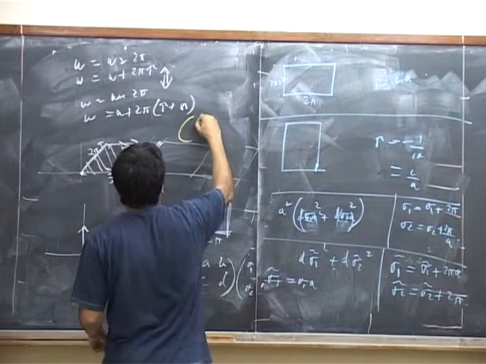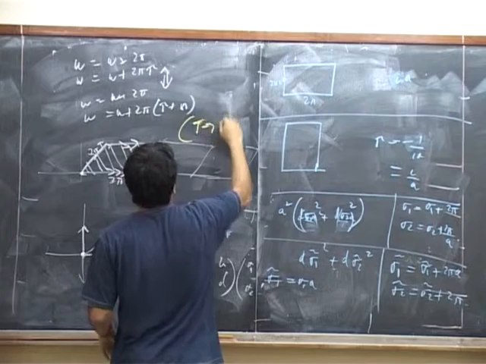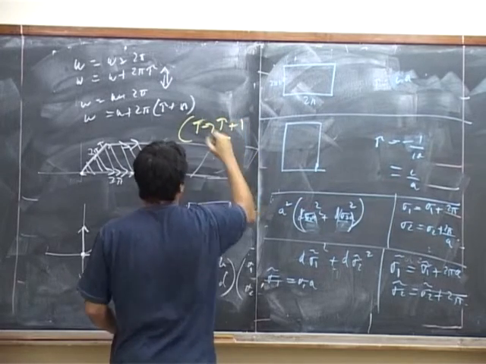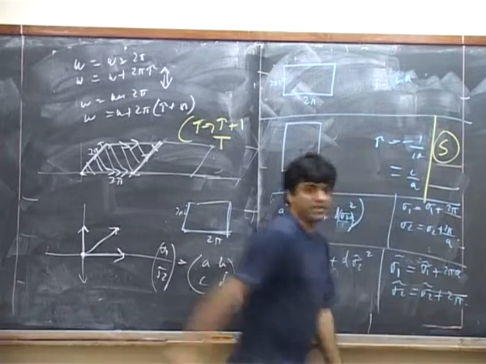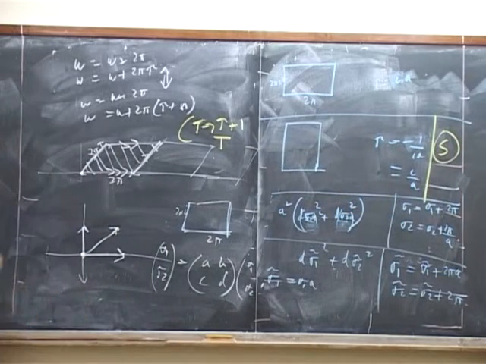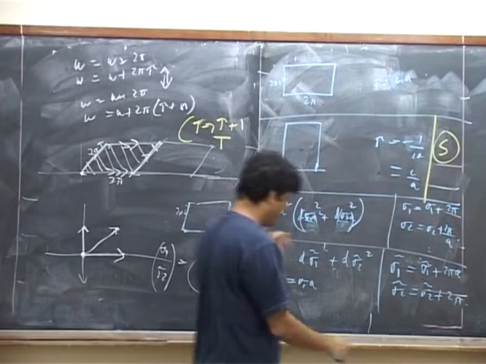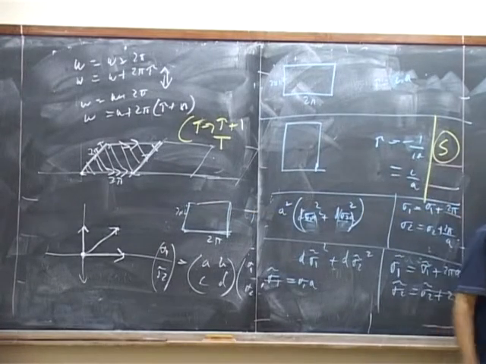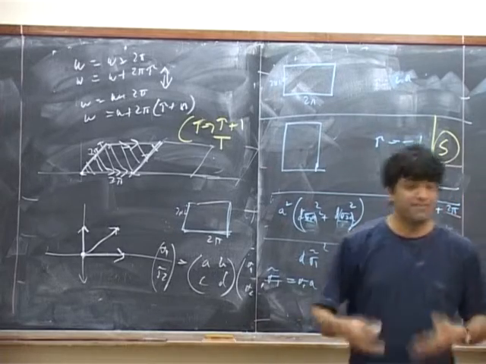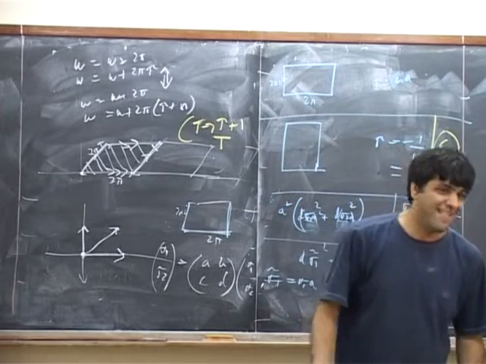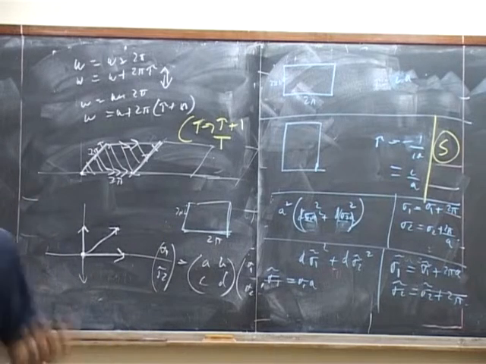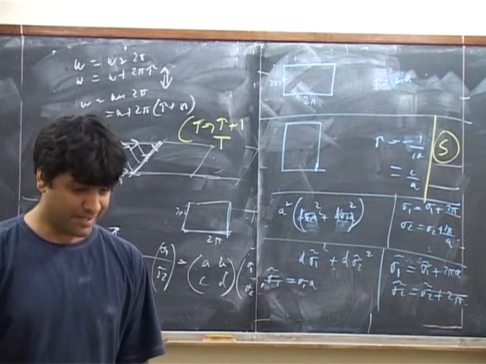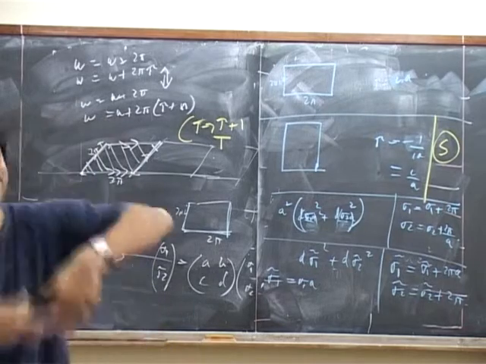This one, tau goes to tau plus 1, is sometimes called T, while tau goes to minus 1 over tau is sometimes given the name S. Okay. Now, if you have tau goes to tau plus n, and you have tau goes to minus 1 by tau, you can compound these two.